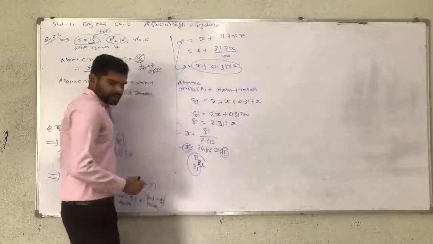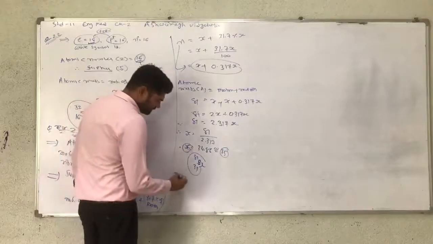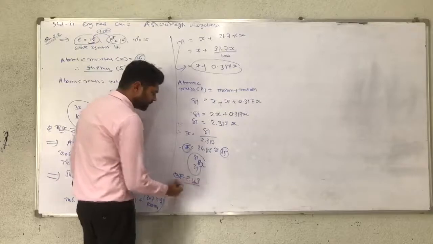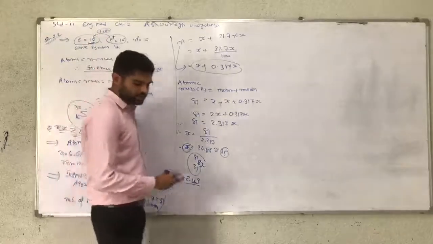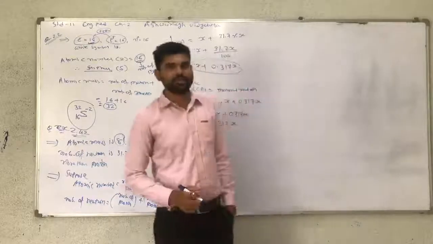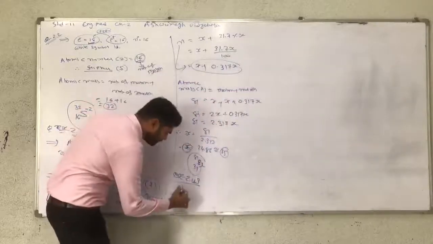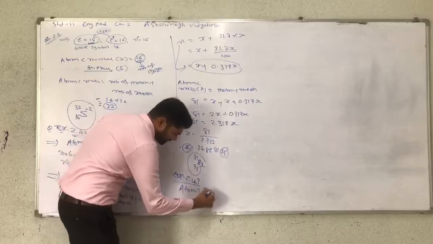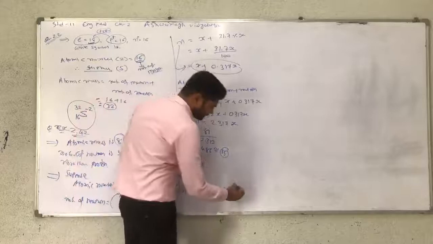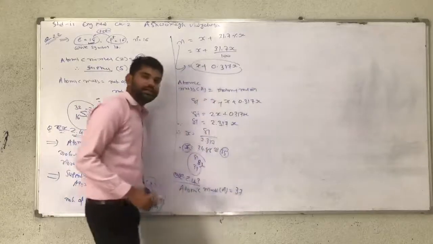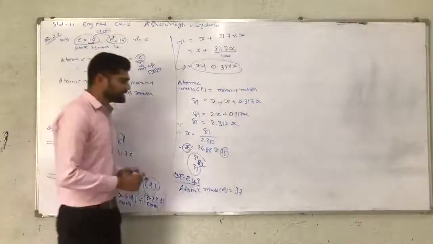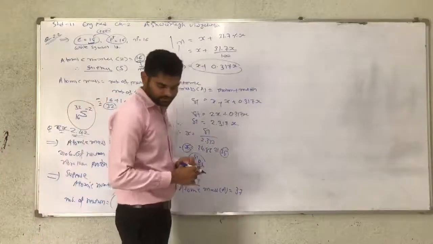Now the next question of the exercise, 2.43. In 2.43, it is similar, but the given atomic mass is 37 in place of 81. So here atomic mass A is equal to 37. Now the relation between neutron and proton, in this case between neutron and electron.